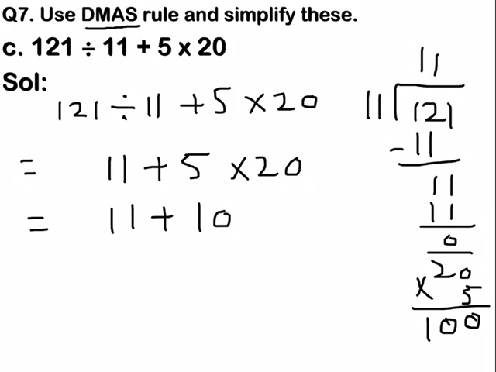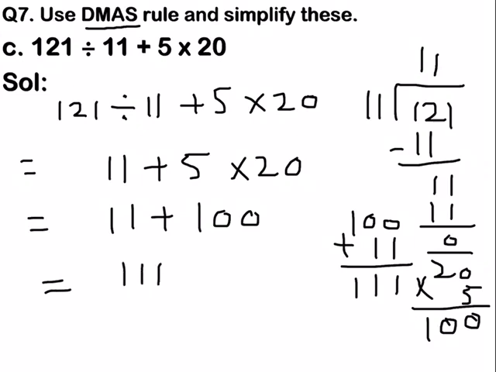That is 100. Now we will add 100 plus 11. 1 plus 0, 1. 1 plus 0, 1. 1 1. So student, the answer of part C is 111. That is the answer.